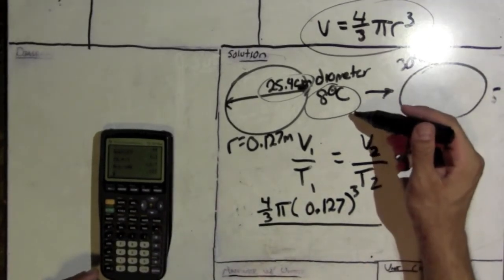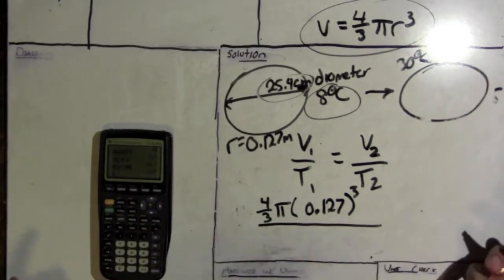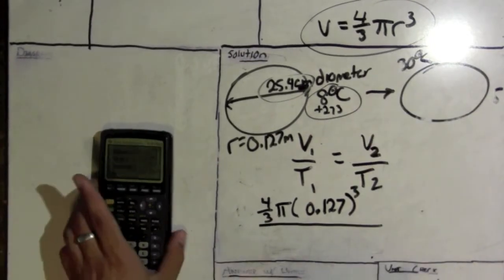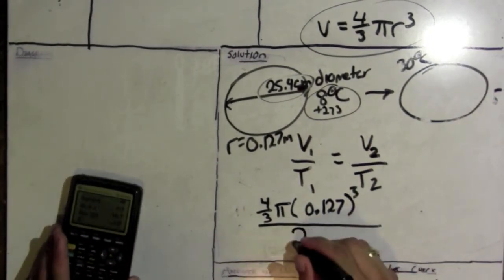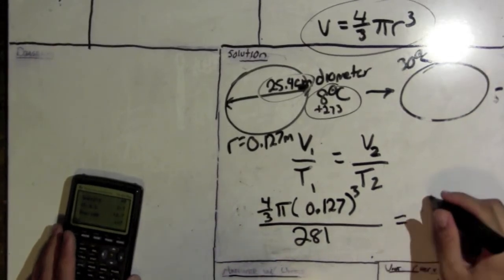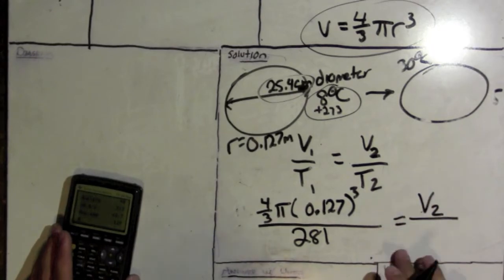So 8 Celsius is not going to work for us. Instead, what we're going to have to do is convert it to Kelvin. The Kelvin conversion is actually pretty easy. You just add 273. So when we add 273 to it, this is actually going to be 281 on the bottom. And then equals volume 2 over the temperature 2.